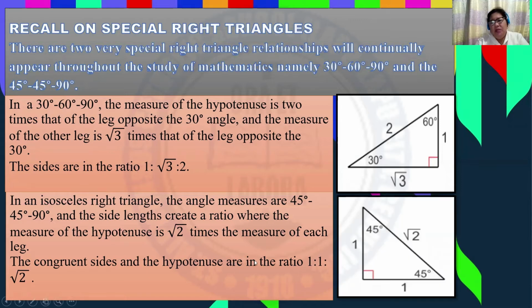So this is the illustration. 45 degrees, the opposite is 1. Here is also 45, the opposite is 1. And the measure of the hypotenuse is square root of 2. And the hypotenuse can be solved using the Pythagorean theorem.